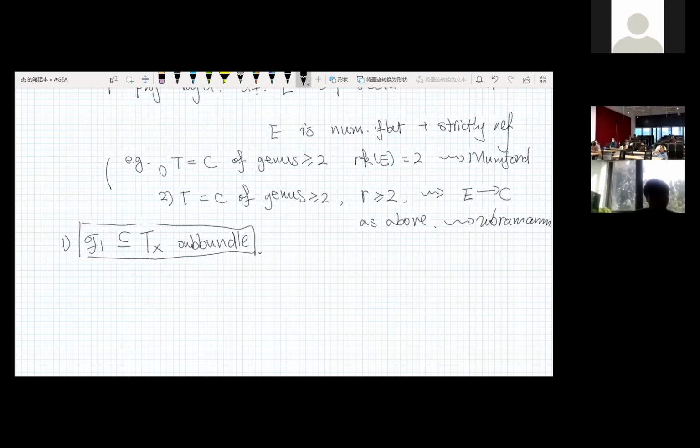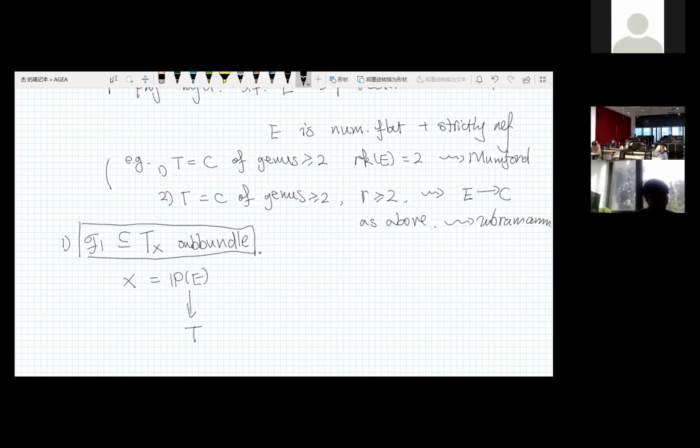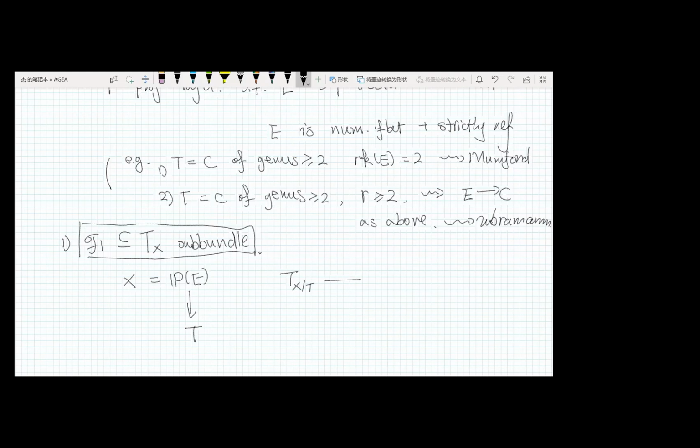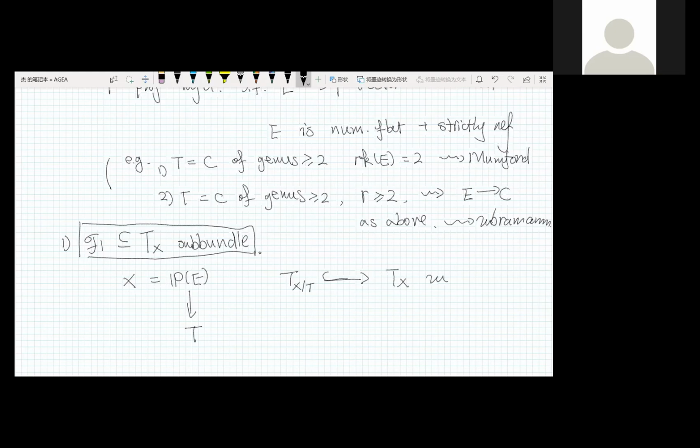Okay, so you consider X to be the projectivization P(E) over T, and you consider the relative tangent bundle T_{X/T}, which is a sub-bundle of T_X. I want to claim that this relative tangent bundle is strictly nef.